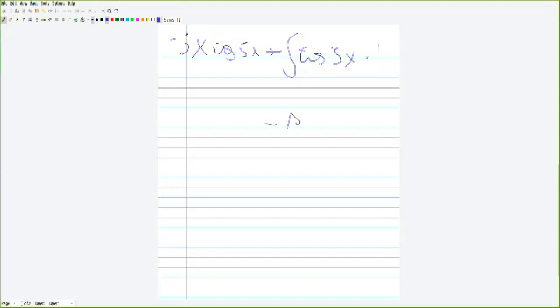So this is going to be minus sine of 5x over 5. We also got to divide this by 5.